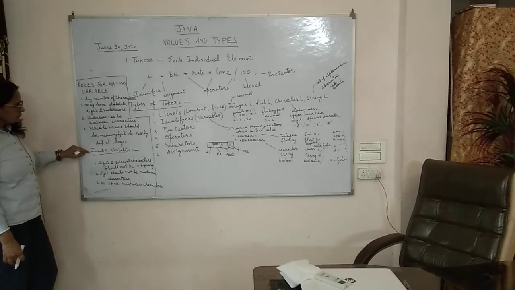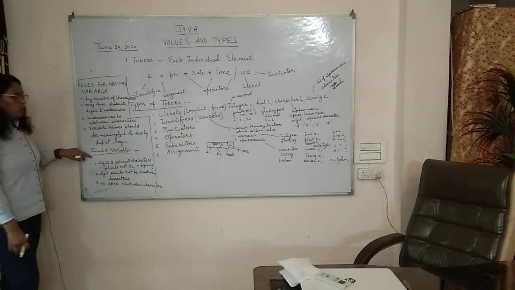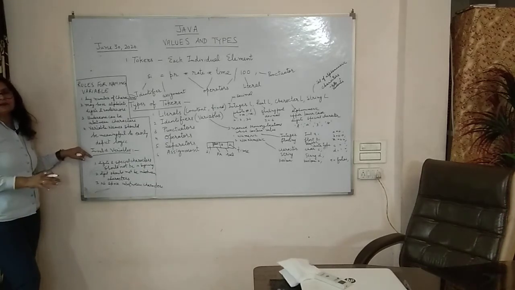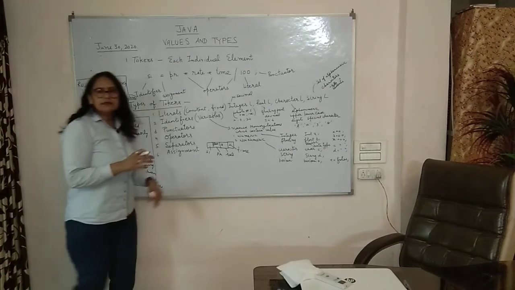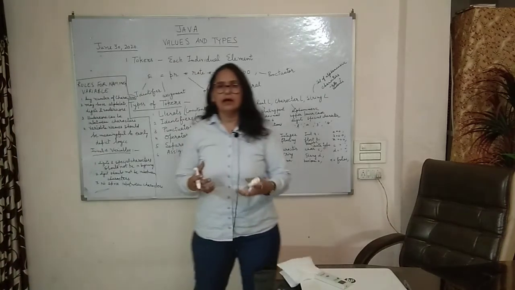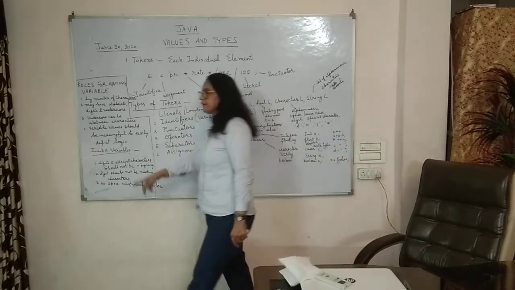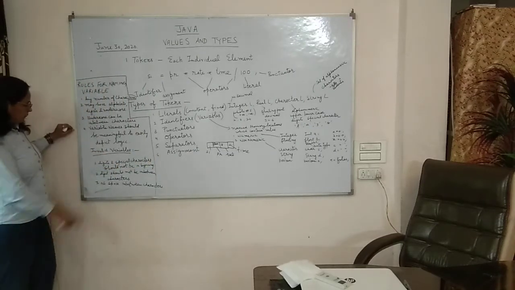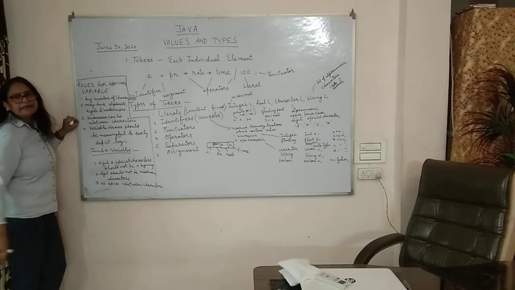Now, invalid variables. Why can a variable name be invalid? If we use some wrong character while writing the name of the variable, it will be an invalid variable. First of all, digits and special characters should not be in the beginning.